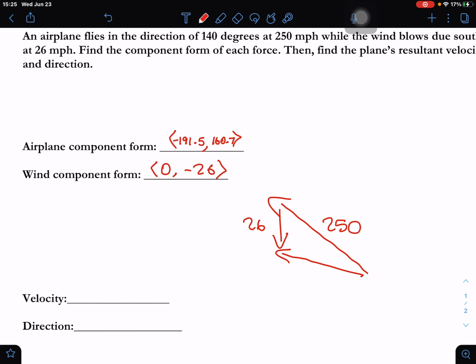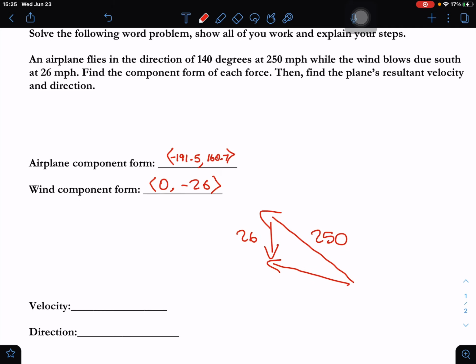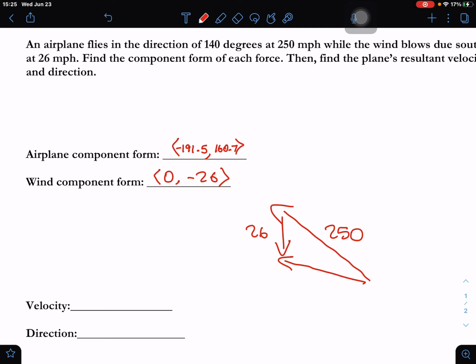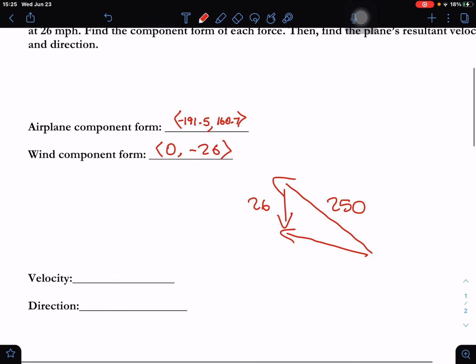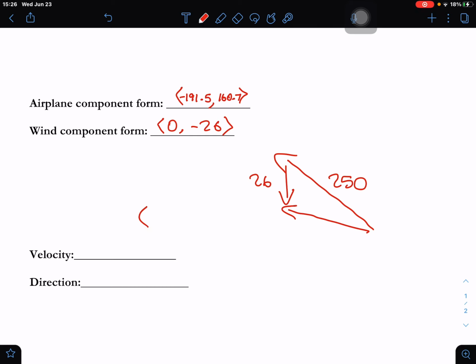So first we have to add both of these components together so that we can get an actual vector that we can use. We just have to add them together. So negative 191.5 plus 0 is obviously going to be negative 191.5 again. So let's just write that.